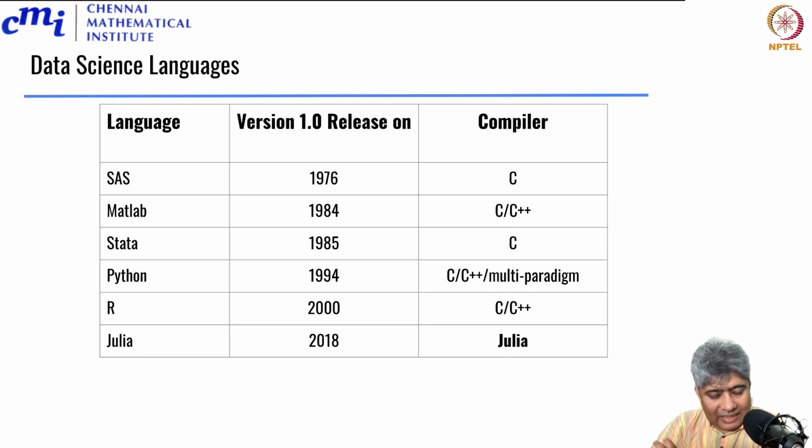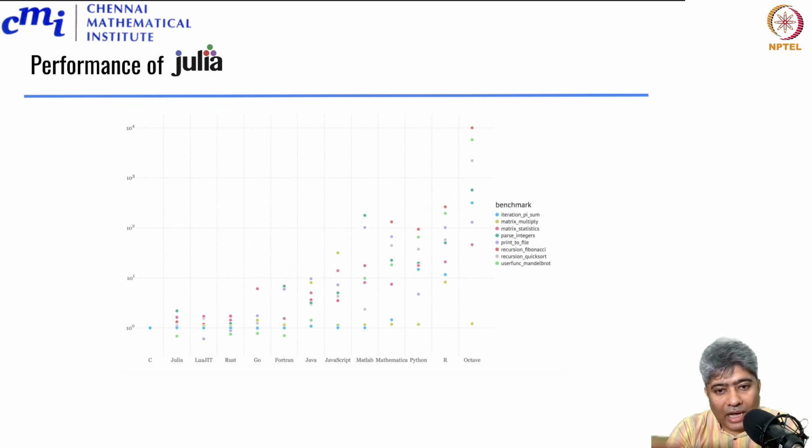R was definitely C++, and the last was 2000. When I'm talking about version 1.0 release, the actual development may have started a little earlier. Julia's version 1.0 release was 2018, and the compiler was Julia itself. So that makes Julia very fast, probably as fast as other languages.